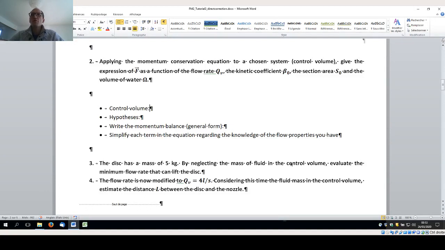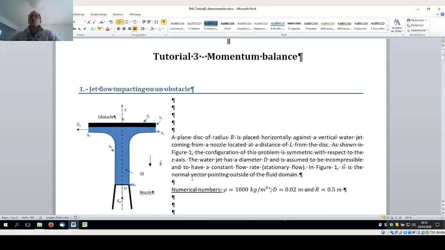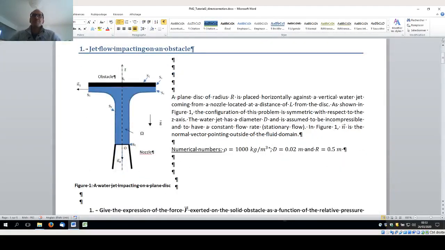Do some of you have ideas about what kind of control volume we'll use in this configuration? It should be pretty straightforward regarding the configuration we have.